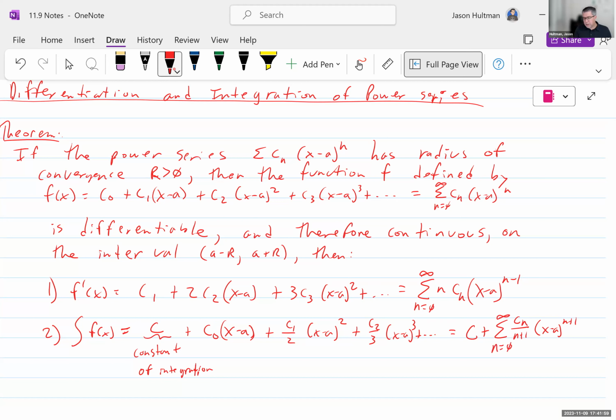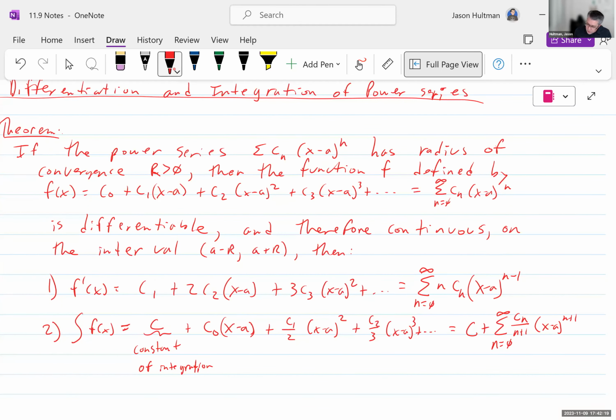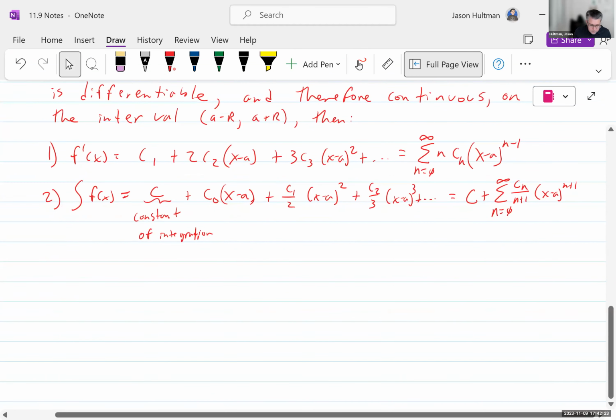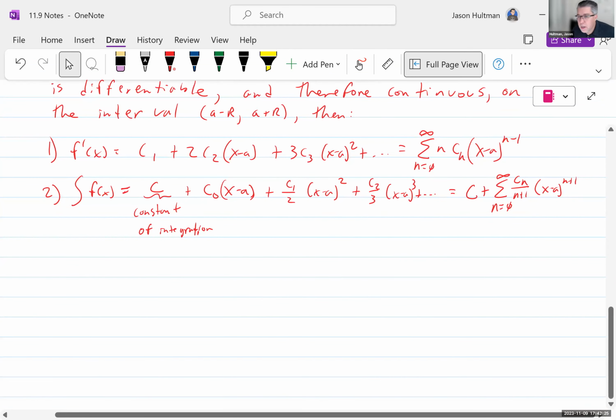So basically this is just saying, in kind of a long way, that we can differentiate term by term and we can integrate term by term if we want to get the integral or the derivative of a function that's represented by a power series.